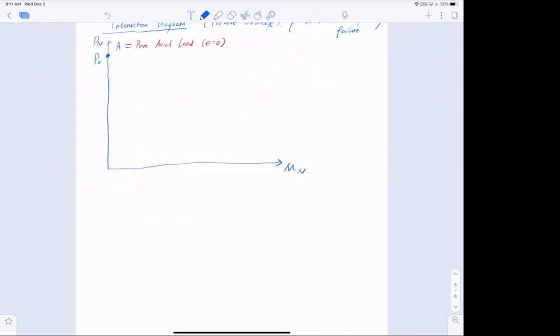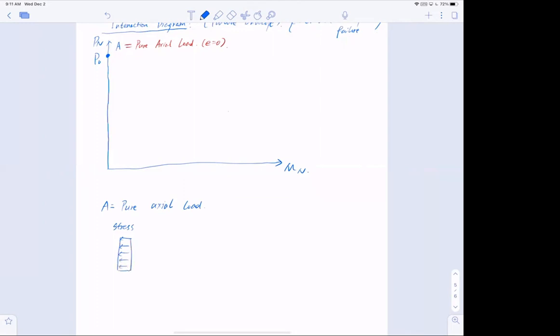Now, I want to see what it looks like, right? So let me just draw some small diagram underneath it. Say A equals pure axial load. And what it looks like is the stress. Take a look at the stress. It's pure axial load, right? So there's no bending, there's no tension. It's just pure uniform compression.